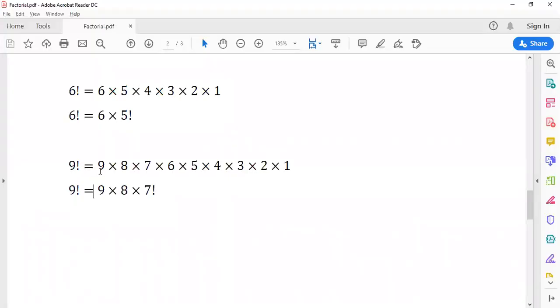9 factorial means 9 into 8 into 7 into 6 into 5 into 4 into 3 into 2 into 1. If we want to stop at 7, we can write 9 factorial equal to 9 into 8 into 7 factorial, because the remaining product is equal to 7 factorial.